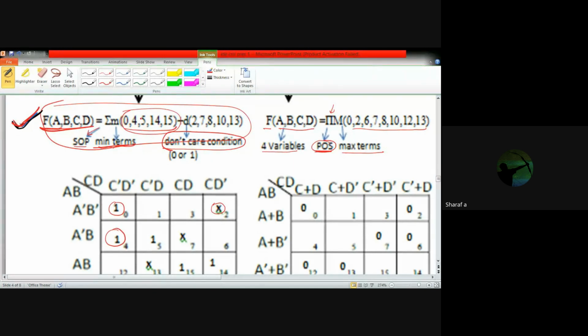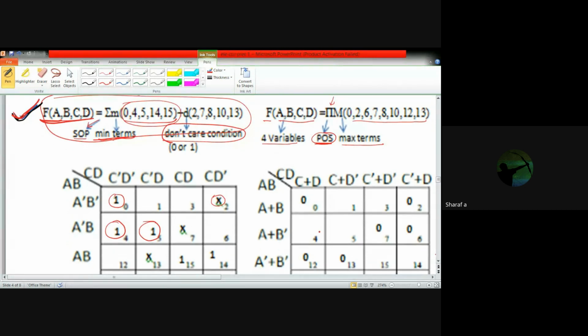Then cell address 5 is 1. Cell address 14 is here, it is 1. Then cell address 15, it is 1. So these cells are given in the problem where you put 1 because you have min terms, sum of product form. But at the same time, you have don't cares also.